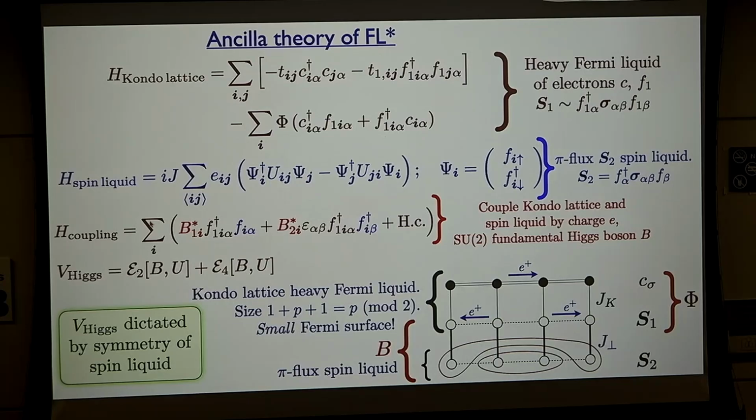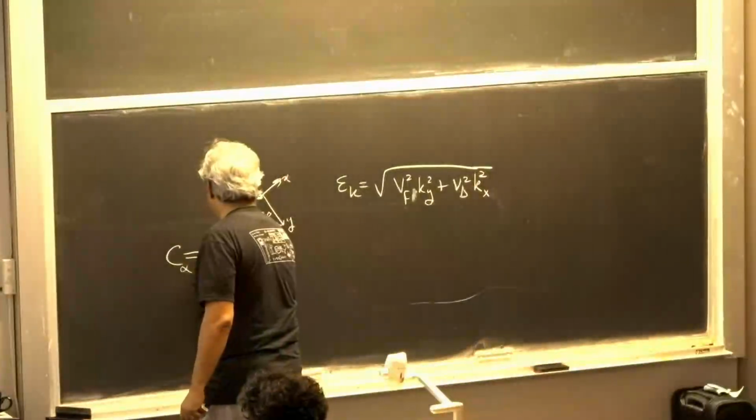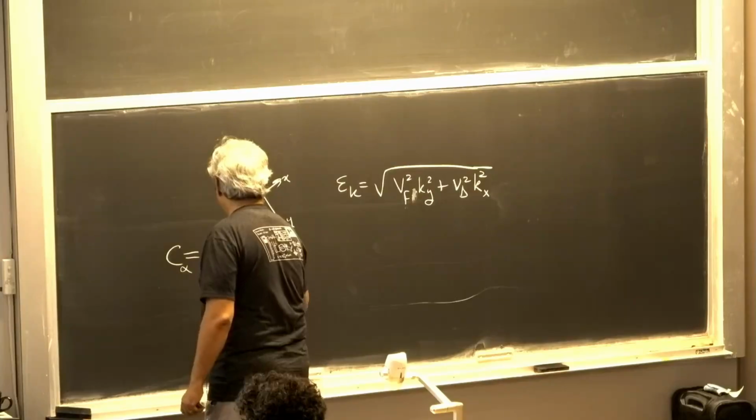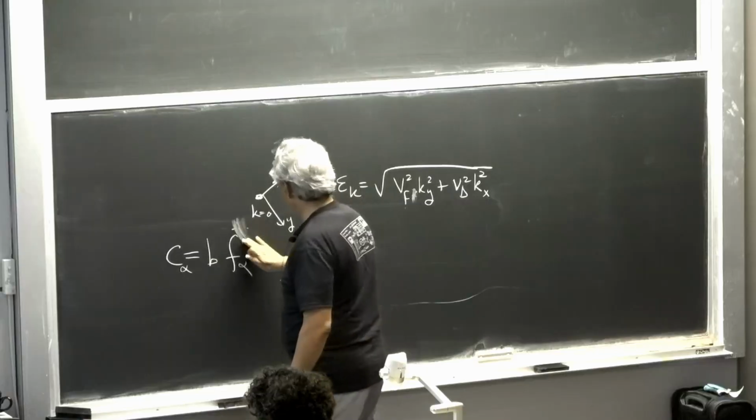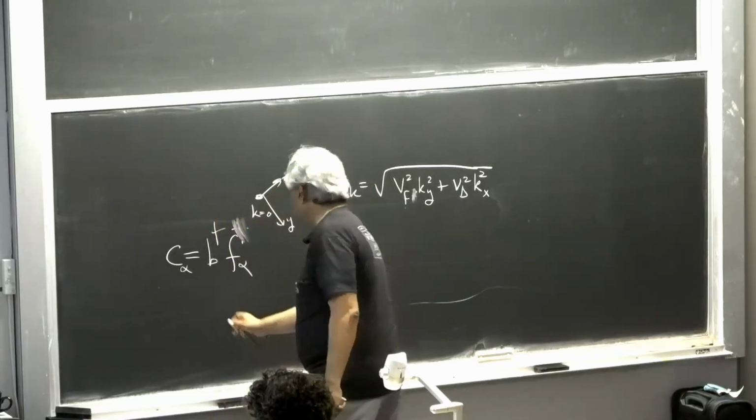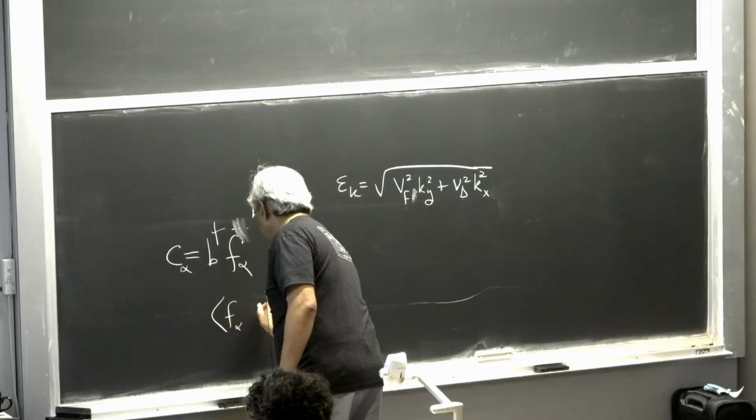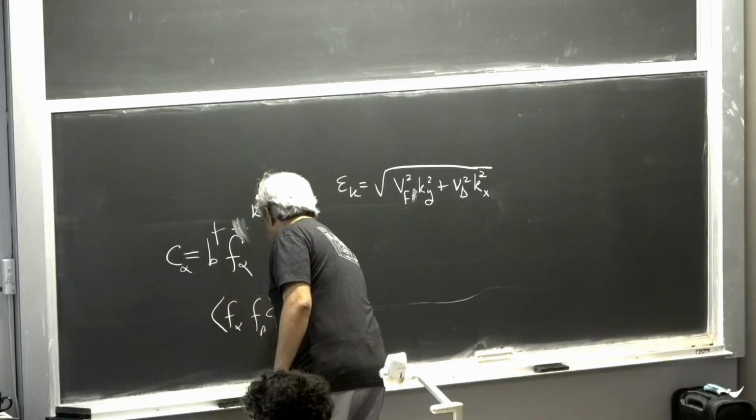For the theories from 1988, what was the issue there with fixing Vf over V delta? They didn't have all these multiple layers. They did the slave particle description, where they just had one layer. They said C alpha was some boson times F alpha dagger. You had a spin liquid where you had F alpha non-zero.